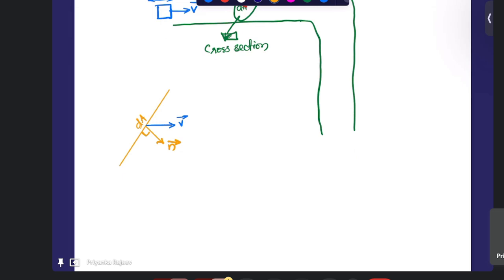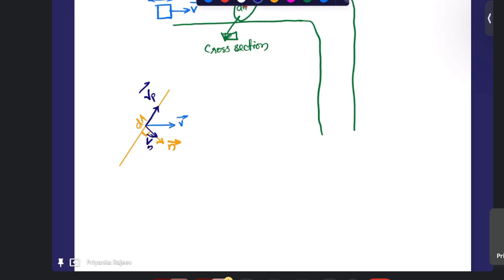Now we have to resolve this velocity vector. So how to do that? I'm taking one component of v which is along the plane, I'll take it as vp, and one component of v which is along the normal, that I'm taking as vn.